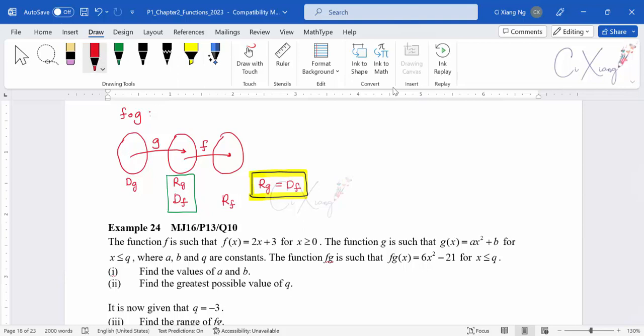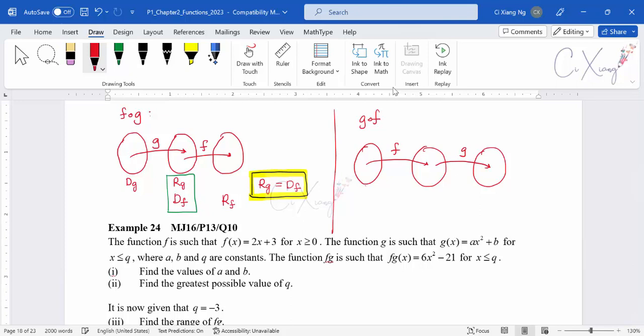The same thing happens if I'm having g composite f. That means function f goes first, followed by function g. Therefore, this is the domain of f and the range of f, and this is the domain of g and the range of g.